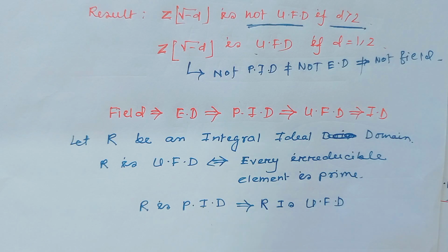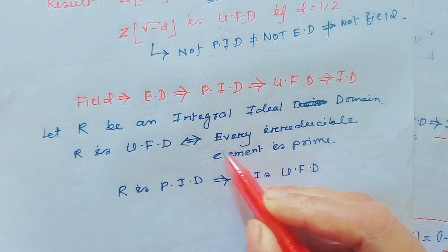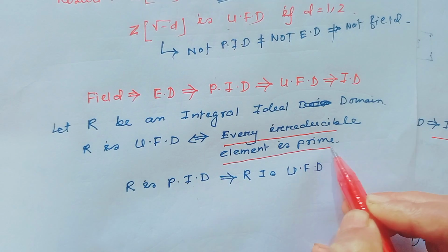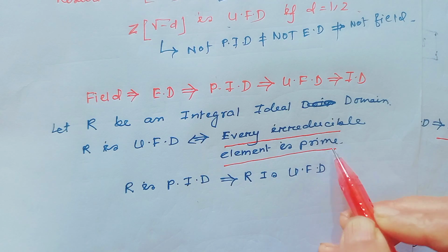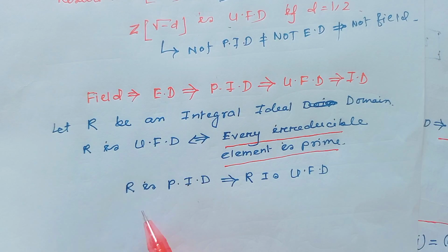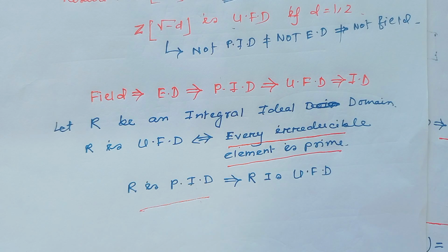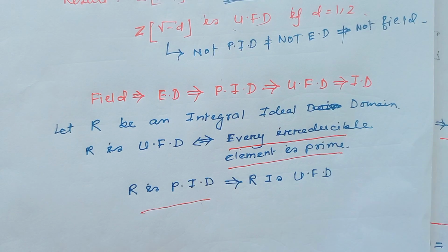R be an integral domain. If R is U.F.D, then we all know every irreducible element is a prime element, and if every irreducible element is prime, then R is U.F.D. This is true also for P.I.D. So R is P.I.D implies R is U.F.D always, but the converse is not true.